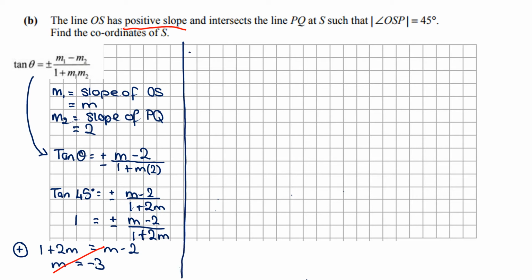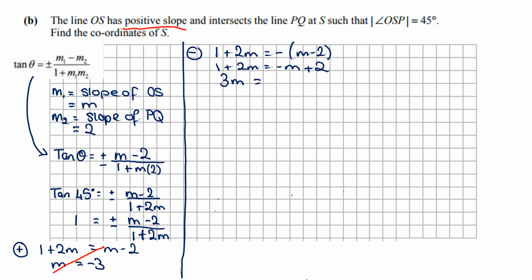So if we instead work with the negative sign, we get 1 plus 2M is equal to minus, bracket, M minus 2. Notice I'm using the bracket here, and that's to make sure that all the signs are changed correctly. If you don't use the bracket, there is a chance you might just change the sign on the M and not the minus 2. You leave that as a minus 2 instead of changing it to a plus 2, and that obviously will give us the wrong answer.